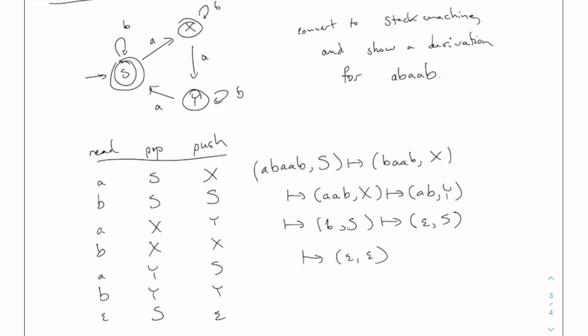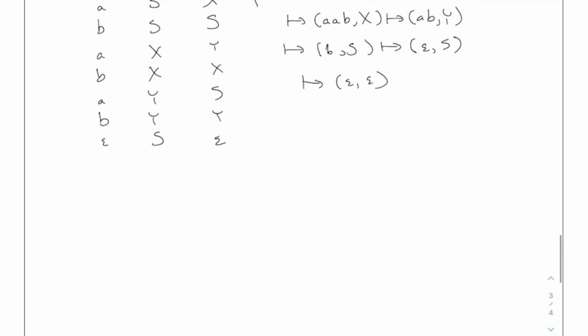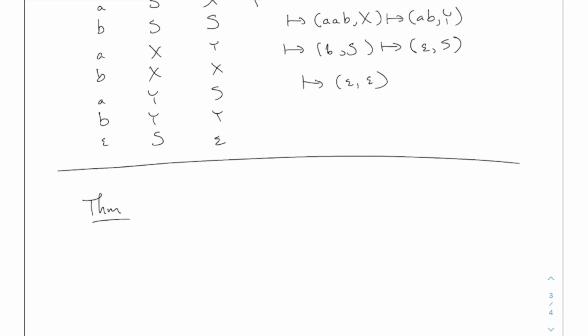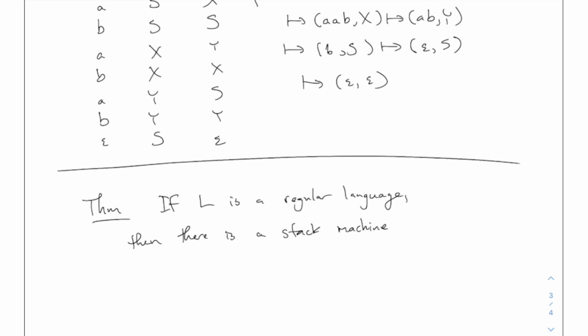All right, so if I were to summarize this procedure, it works the way that we said, but it gives you kind of a theorem for free. It says if L is a regular language, then there is a stack machine accepting L. All right.